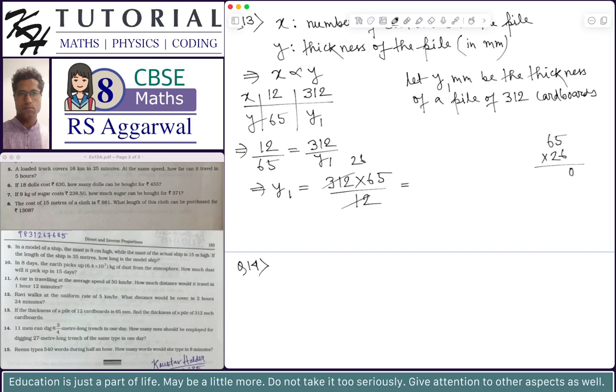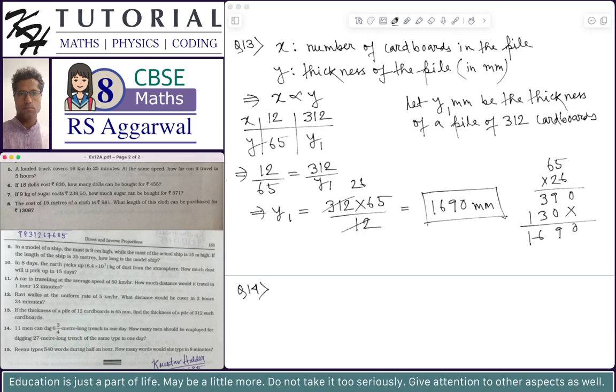That is 1690 millimeter. So the thickness of a pile of 312 cardboards is 1690 millimeter. Now you can also convert it to centimeter or even meter. I'm not doing that. Okay.